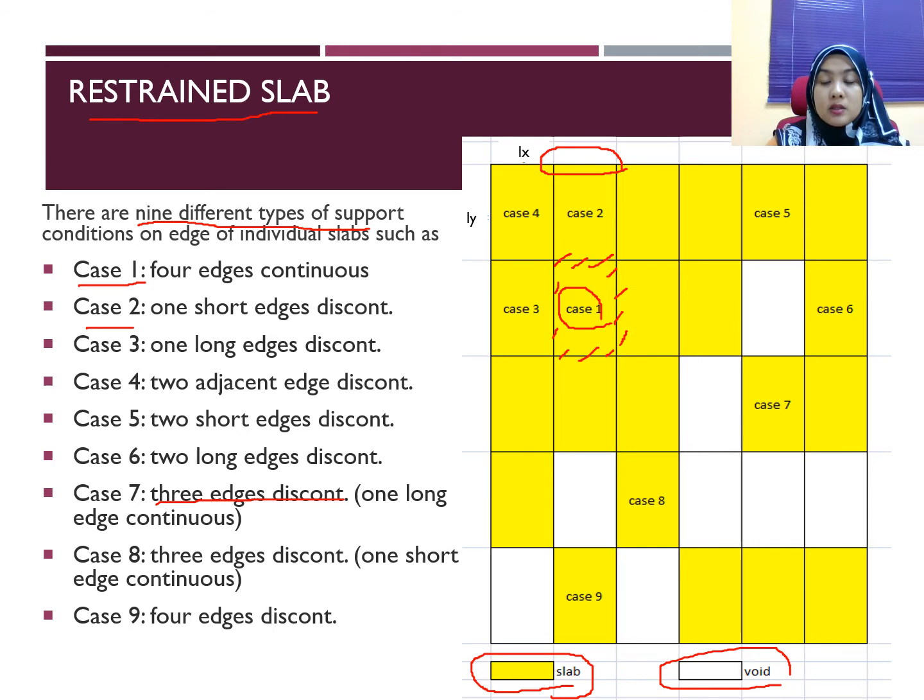Here in case number 7, this is void, and this is also void. So it means that 3 of the edges are discontinuous and only one long edge is continuous. So that is case number 7. Okay, so you need to choose which case applies to your panel before you can design and calculate the bending moment values.